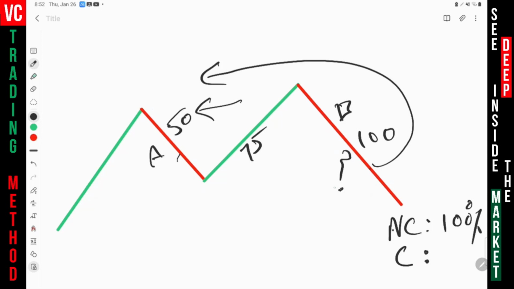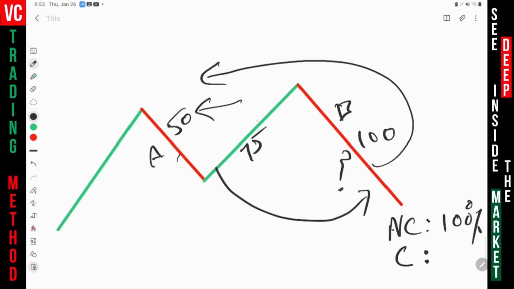Hold on. This is 100%, so this comparison, because this is a continuous comparison. If the length of the green wave is 75, with this aspect ratio, what can be the length of the red wave? For example, 120 plus. 25% more, or almost.